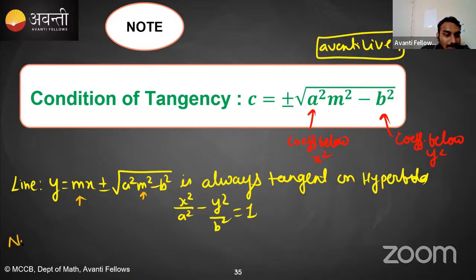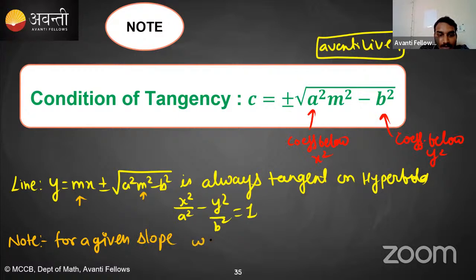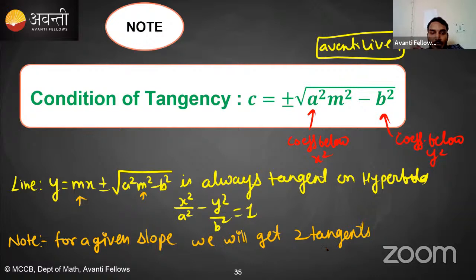So the thing to note is that for a given slope, we will get two tangents. Is this clear? The same thing we have seen in the ellipse also, and the same thing for the hyperbola. Any doubt so far, students?